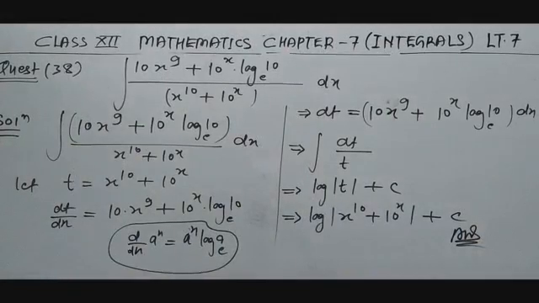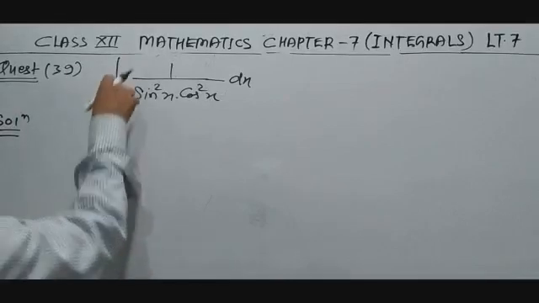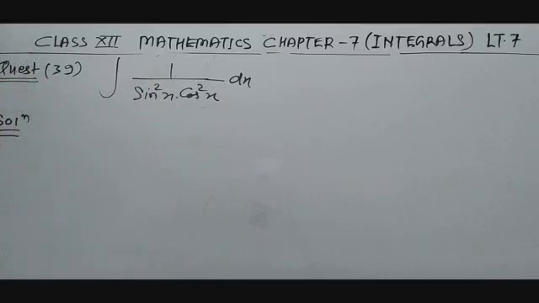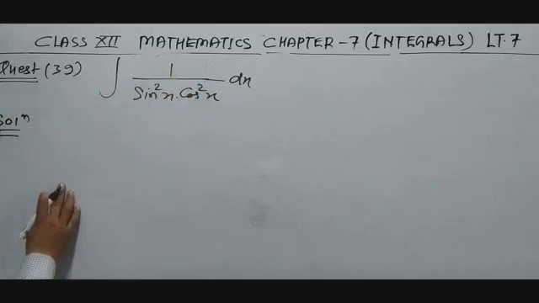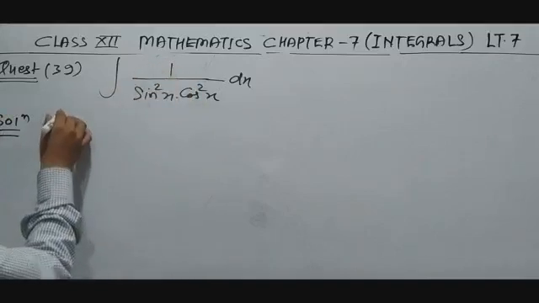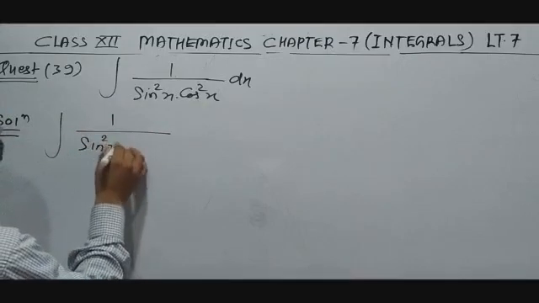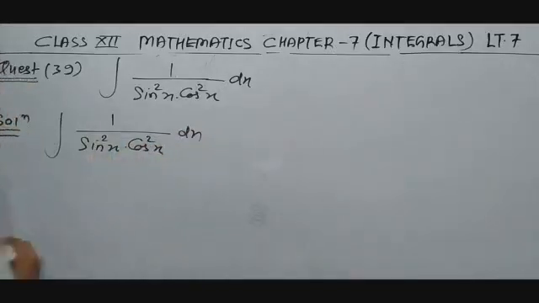The next question is question number 39. Question number 39 is the integration of 1 upon sine square x into cos square x dx. Now in this question, we have to convert 1. So first of all, write the given expression, 1 upon sine square x cos square x dx.